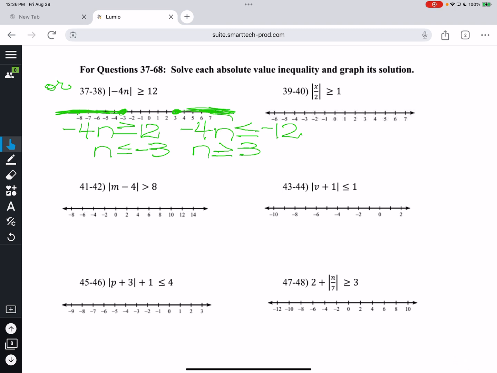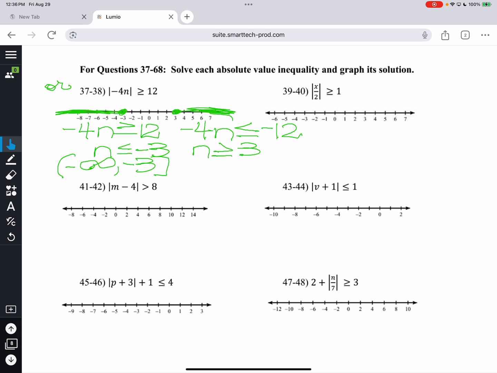Who can tell me what the interval notation would be? Baxter, can you handle that? Can you give me the interval notation? Would that be parentheses, negative infinity, comma, -3, and then brackets, and then 3, or parentheses, 3?